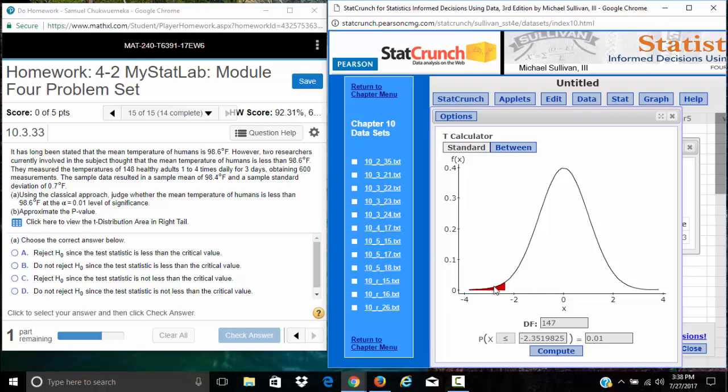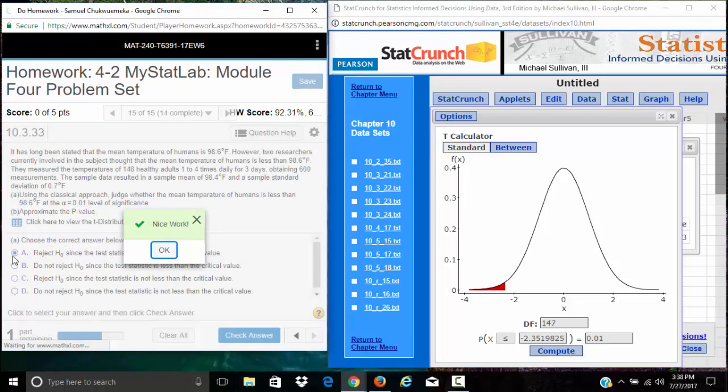So the test statistic falls within the critical region. Because it falls within the critical region, reject the null. So it's less than the critical value. Reject the null because the test statistic is less than the critical value.